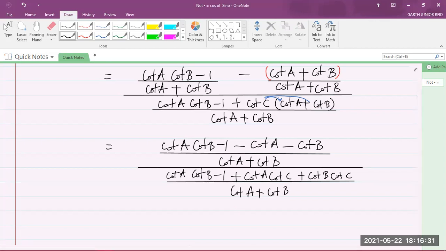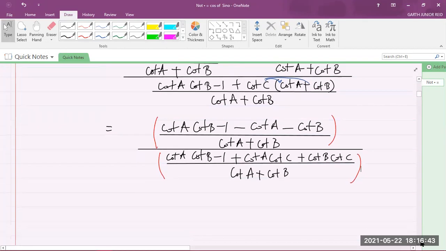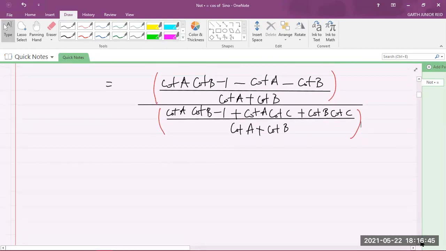Excellent. Now, remember, I'm dividing a fraction by a fraction, right? I'm dividing this fraction by this fraction here. So if I'm dividing 2 fractions, it means that I will have to multiply by the reciprocal of the second fraction.